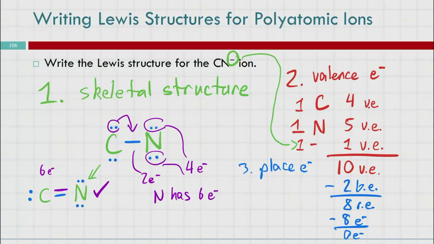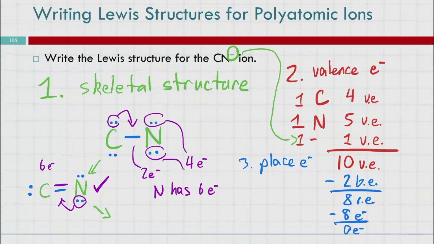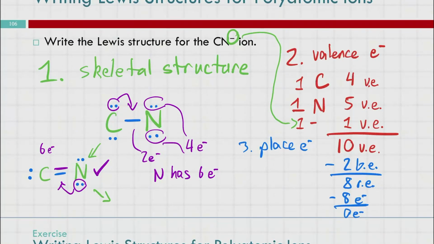Nitrogen is then going to share one of its pairs in. And we would end up with carbon triple bonded to nitrogen. So they each have 8 electrons.